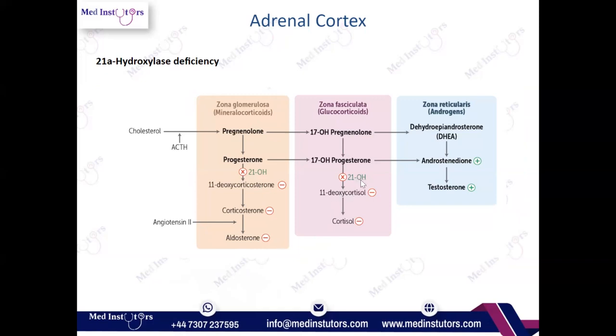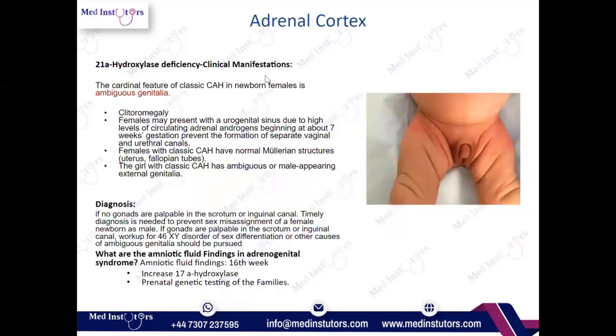Here also 21 hydroxylase enzyme plays a role. If that is not there, there would be no cortisol. So what happens? All of these precursors would be shunted into the androgen pathway, and as a result, there would be very increased levels of these androgens, androstenedione and testosterone. So this is all about 21 hydroxylase deficiency.